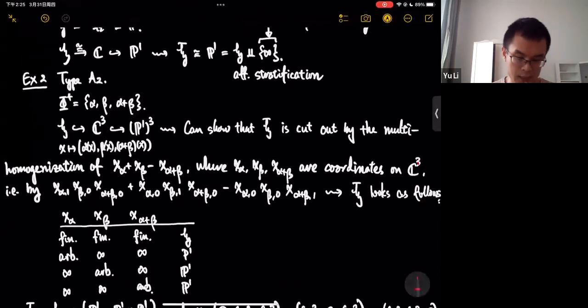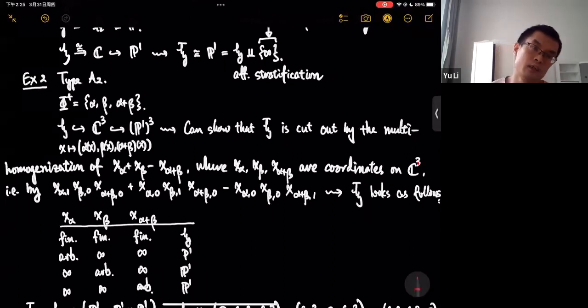So in example type A2, phi plus consists of 3 roots: 2 simple roots alpha, beta, and also a positive but non-simple root alpha plus beta. Then our map from H to C to the phi plus becomes H goes to C to the 3rd power, which sends an element x of H to alpha of x, beta of x, and alpha plus beta of x.